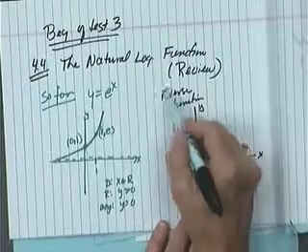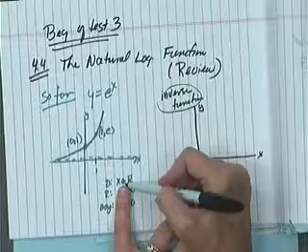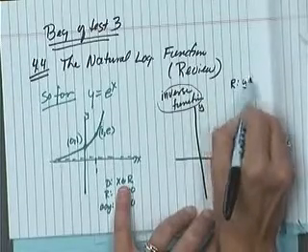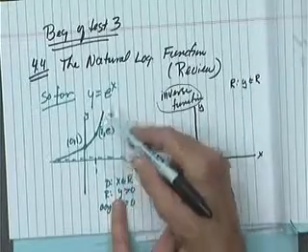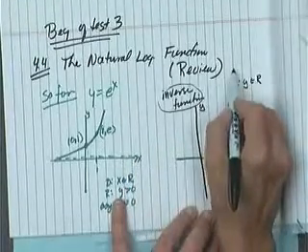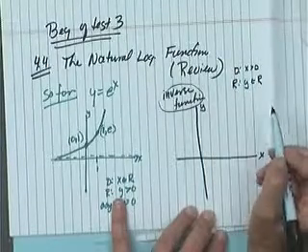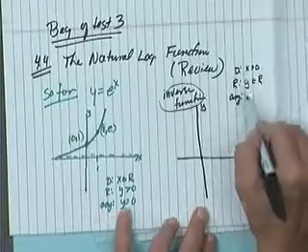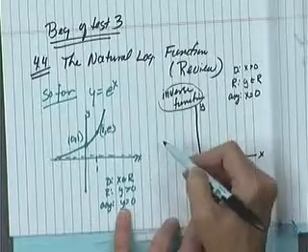So for our problem, the inverse function, now the domain becomes the range. The range is that y will be all real numbers. The range of y equals e to the x becomes the domain, so x is greater than 0. The asymptote now will be x equal to 0, just interchanging those.